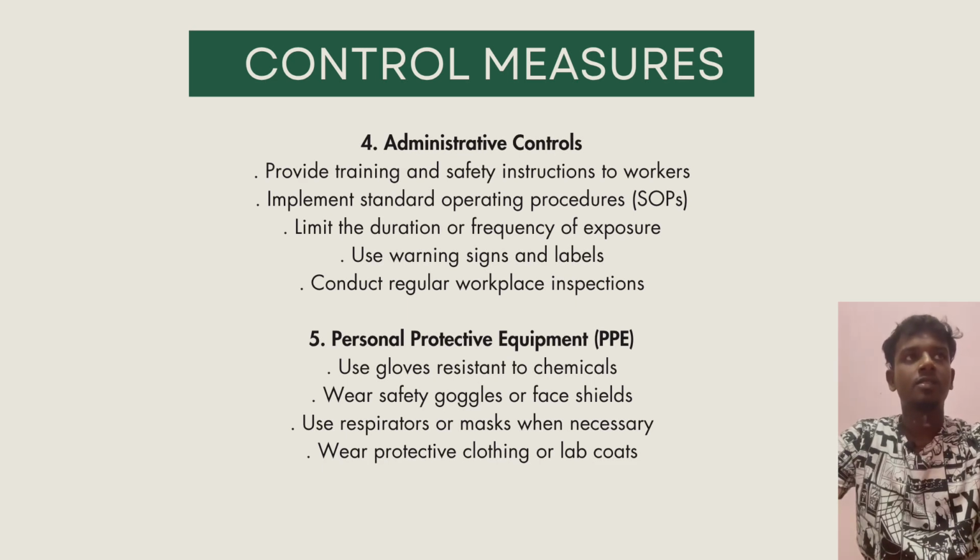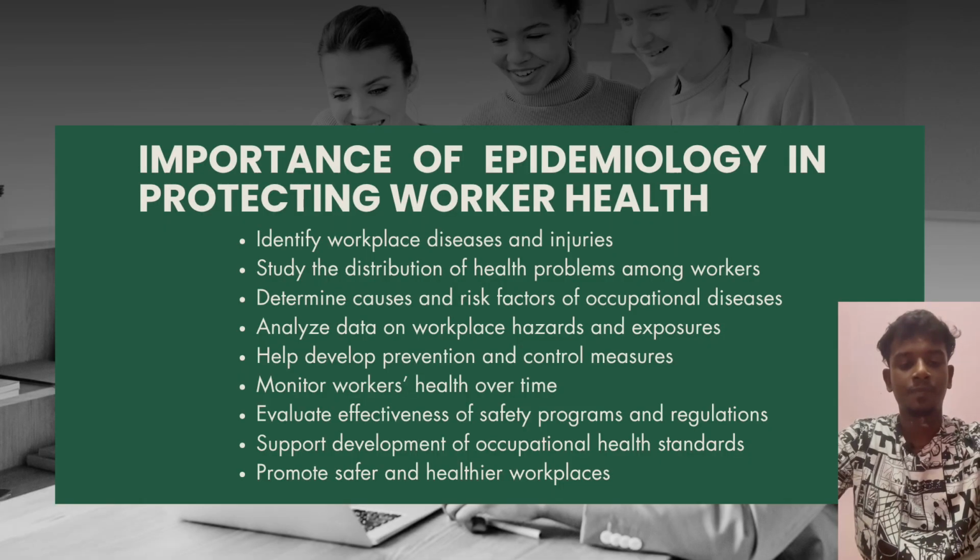Use gloves resistant to chemicals at the workplace. Wear safety goggles or a face shield to prevent the chemical from entering our body. Use a respirator when necessary. Wear protective safety boots or clothing or lab coats.